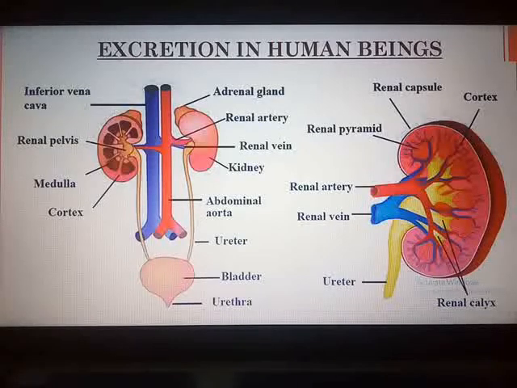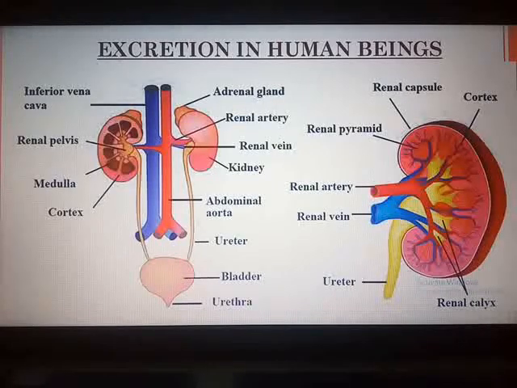This is how excretion takes place in human beings, the function of the kidneys and how the kidneys and their suborgans play an important role in excreting harmful wastes outside the body. With this, we complete the topic of excretion in human beings. In our next session, we are going to study a technique known as dialysis.